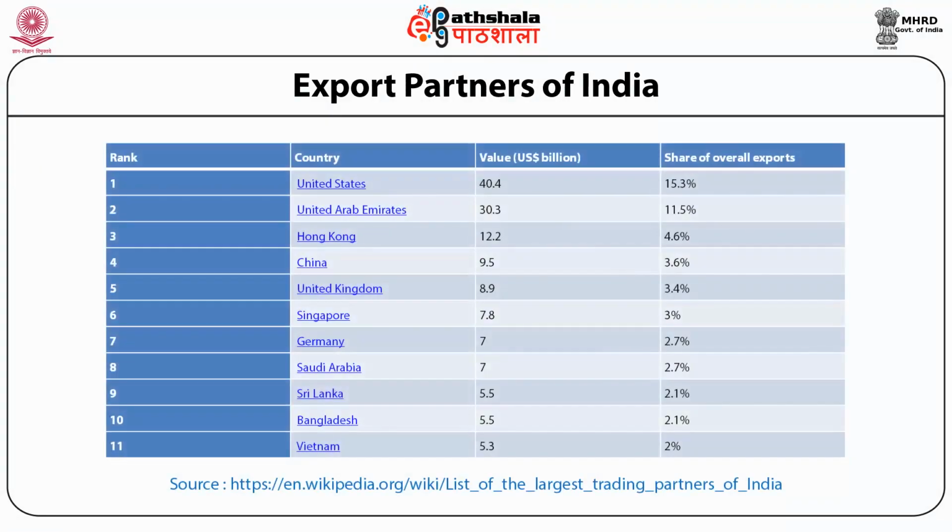As we can see in the figure below, the maximum share of the export, of the highest value of 40.4 billion US dollars, was made to the United States, which constituted around 15.3%. Second was the United Arab Emirates, which has a value of 30.3 billion US dollars, constituting around 11.5% of the overall export.